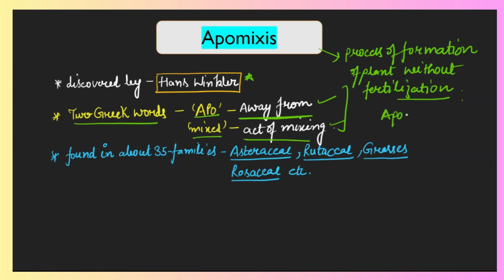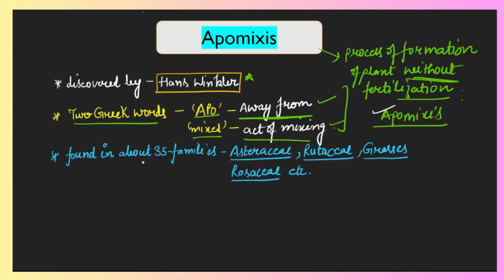Okay, I hope this term is clear to you all. So this is a process of formation of a plant when no fertilization takes place, and that process is called apomixis.